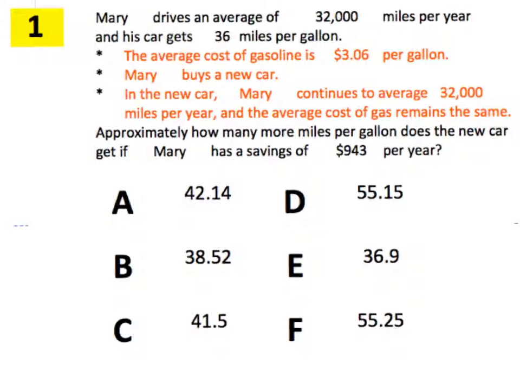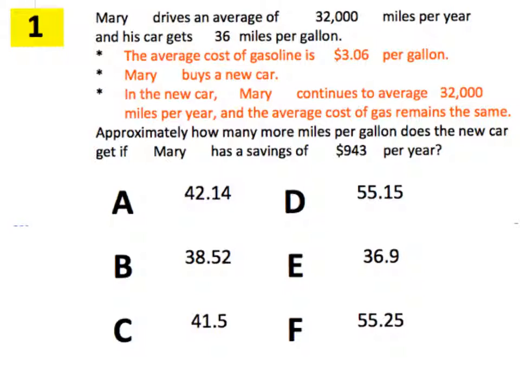Approximately how many more miles per gallon does the new car get if Mary has a savings of $943 per year? And you have 6 choices, A, B, C, D, E, F, down at the bottom.